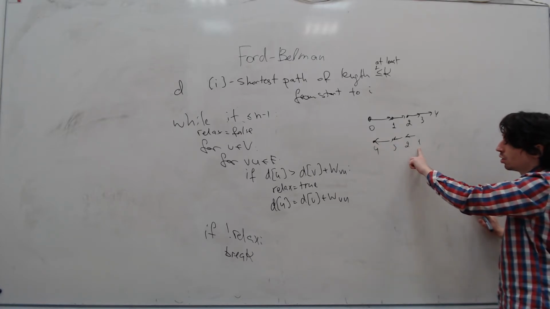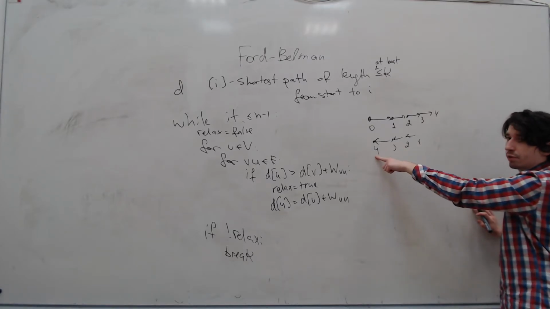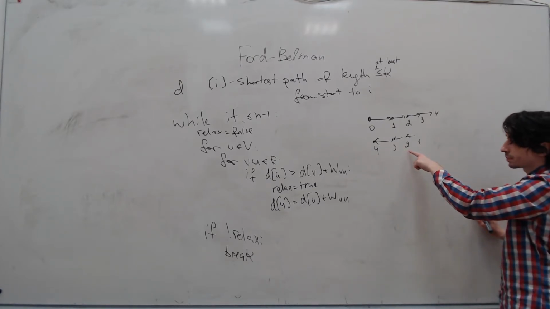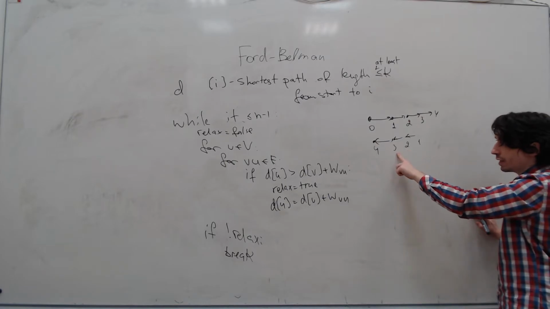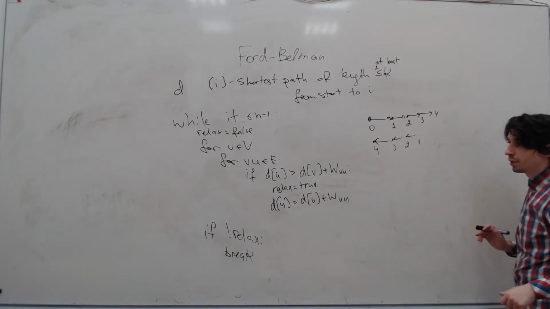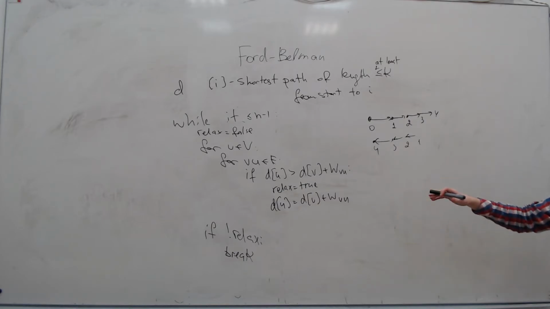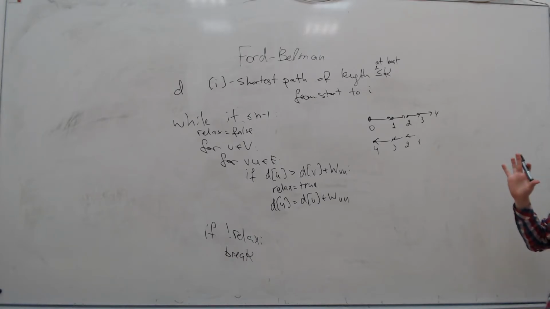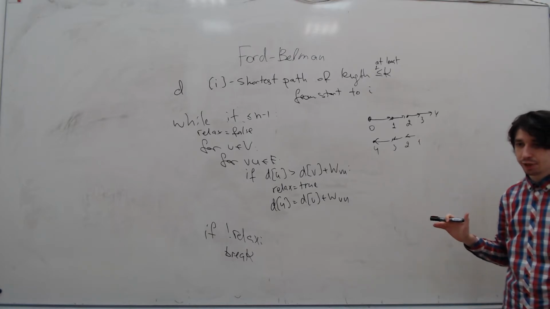Update 1, we updated 2 by that. Then we try to update from 4, from 3, from 2, and we updated 3, and so on. So sometimes it is faster, and sometimes it is as usual. Okay. Can you tell me the worst complexity of this algorithm?